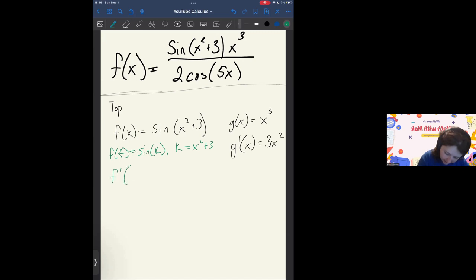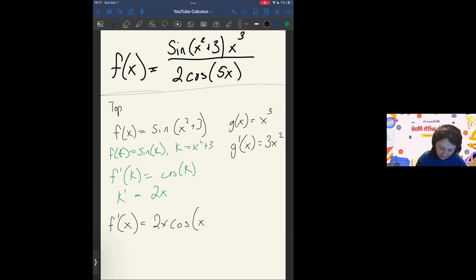So f prime of k is cosine k. K prime is 2x, because remember, constants don't have a variable to change, so they get kicked out, right? So now we know that our derivative of f of x using chain rule is 2x cosine of x squared plus 3. So that's our top.